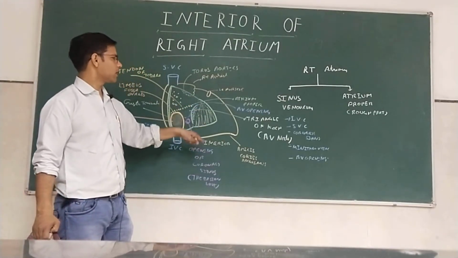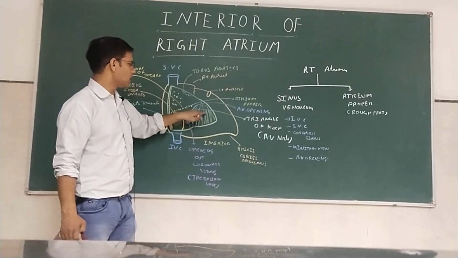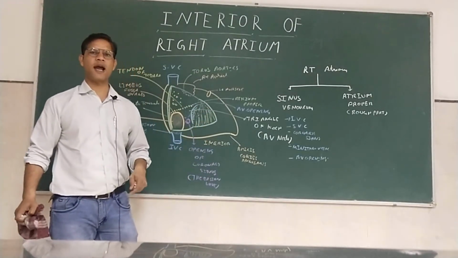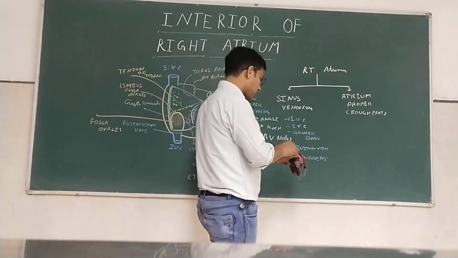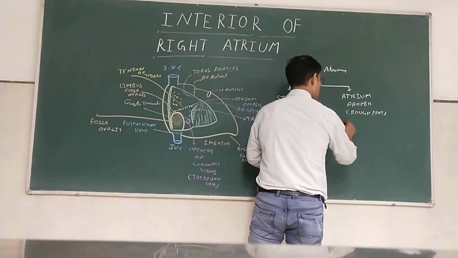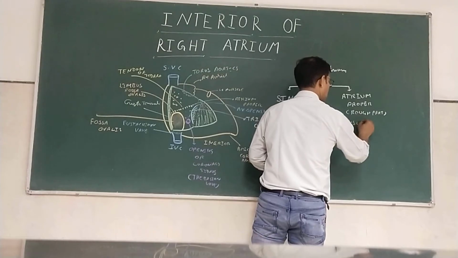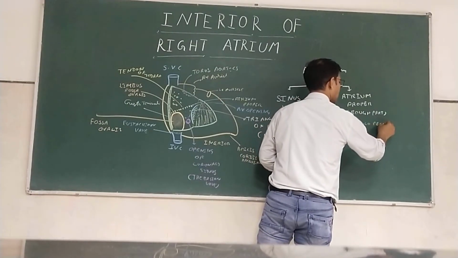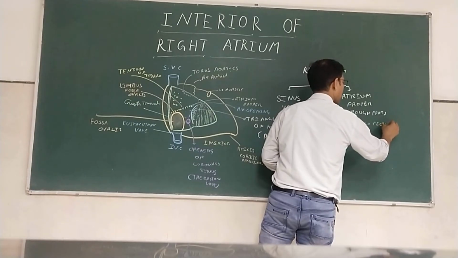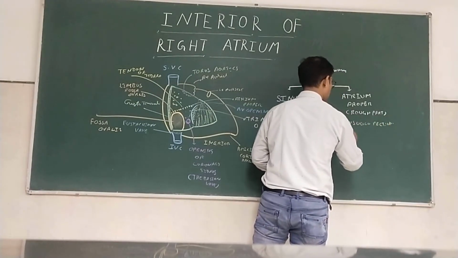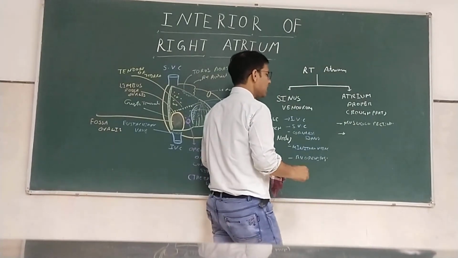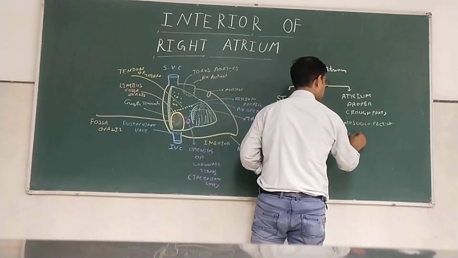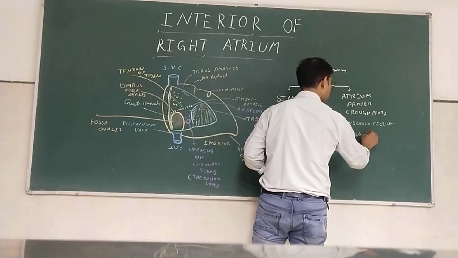Okay, now coming toward the atrium proper, you can see there are multiple muscles in the atrium proper, and these muscles are known as musculi pectinati. Further, the crista terminalis is also a part of this one.